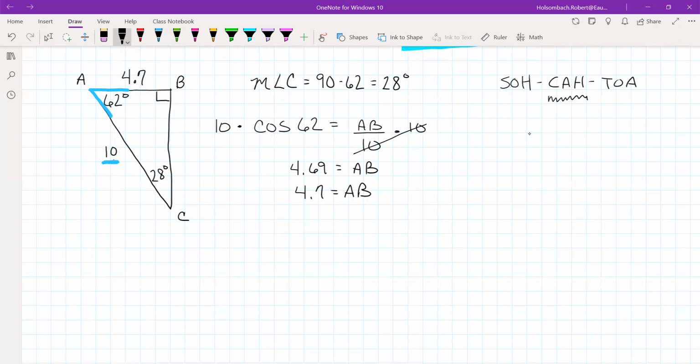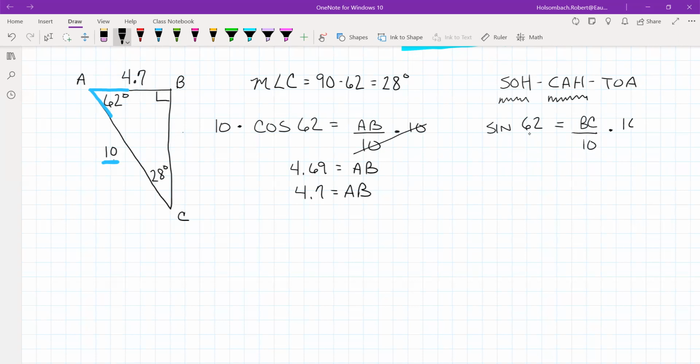All right, we can still use this angle A, but instead of finding adjacent side over hypotenuse, we're going to find opposite side over hypotenuse. So opposite and hypotenuse is sine. So now we can say sine 62 equals its opposite side, which is BC, over the hypotenuse, which is 10.